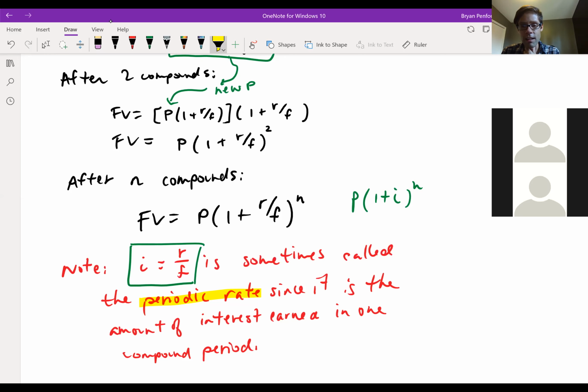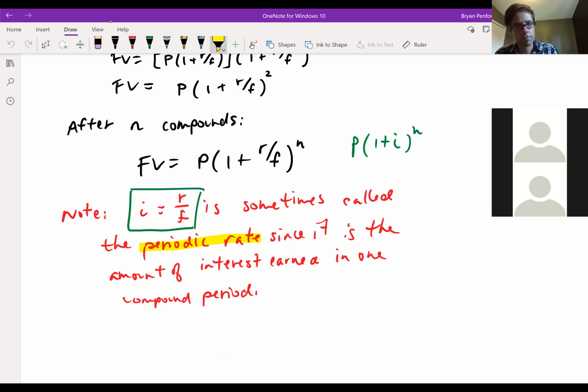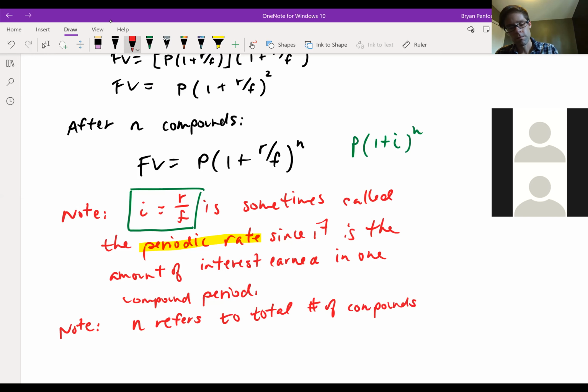So in case you're wondering what some of these things are, N here stands for the number of compounds as well, the total number of times we actually earn interest on our initial investment, okay?